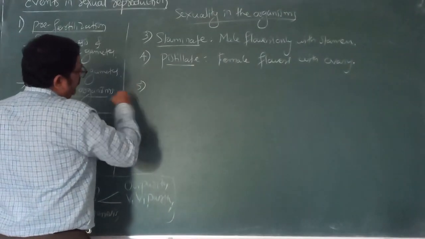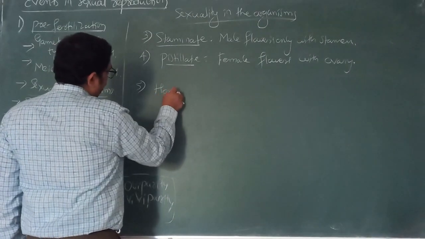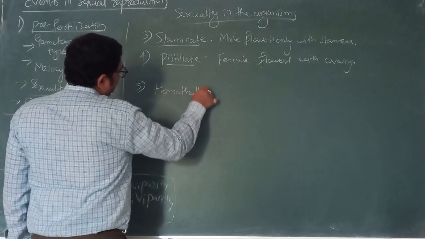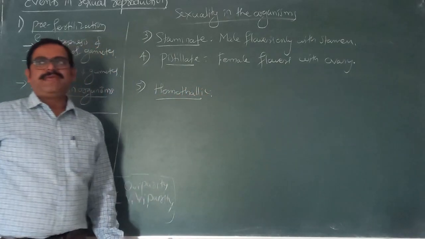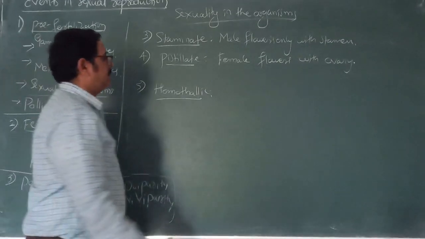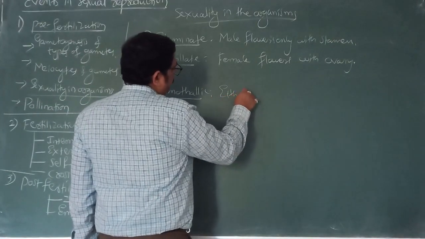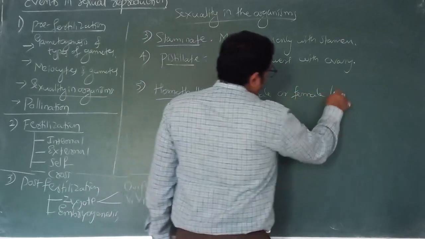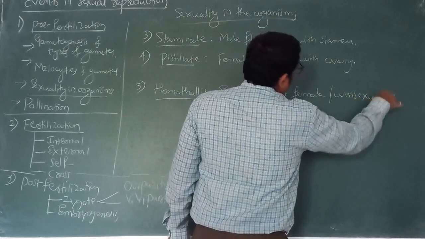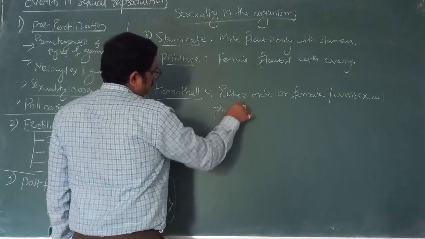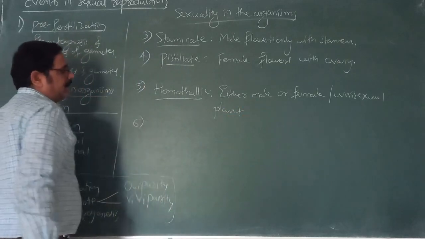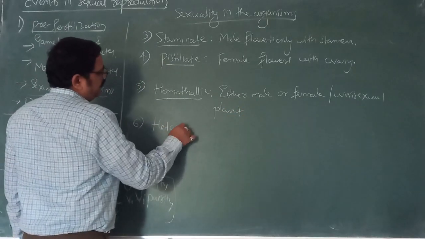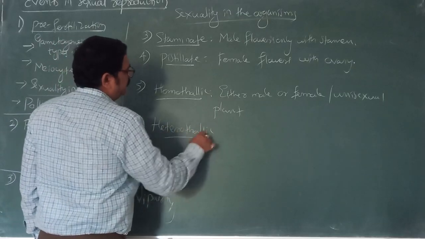And then the plants can be, as we say, homothallic, meaning either male or female, a unisexual plant. Heterothallic means what?